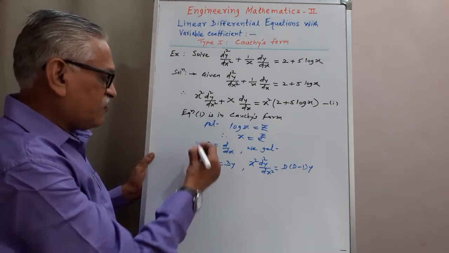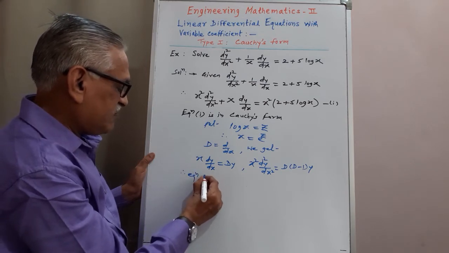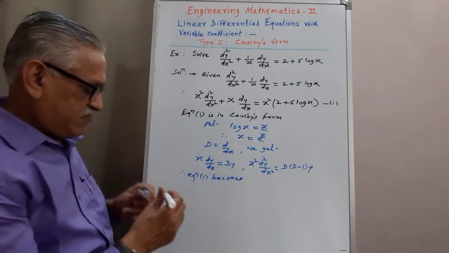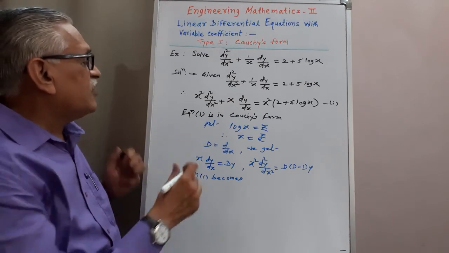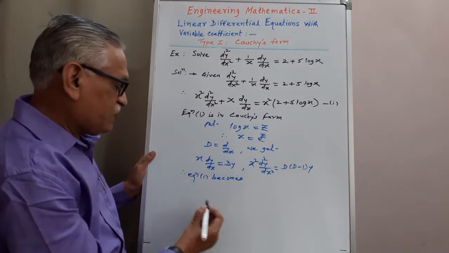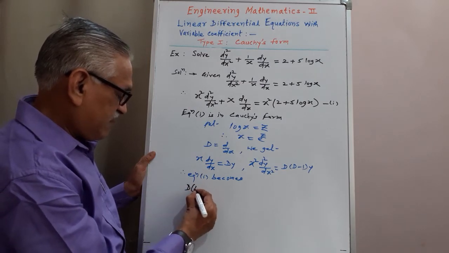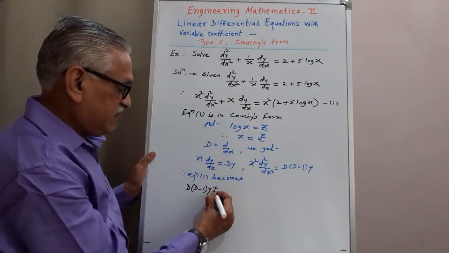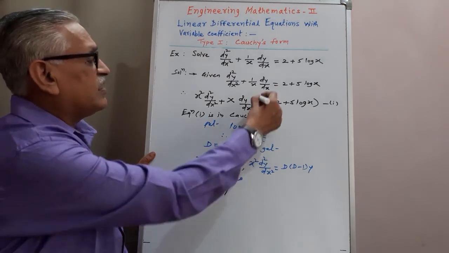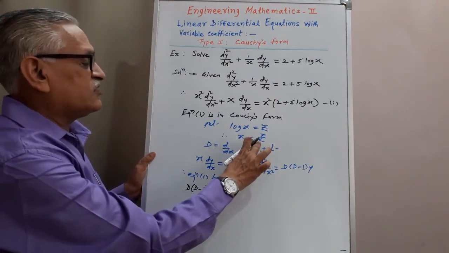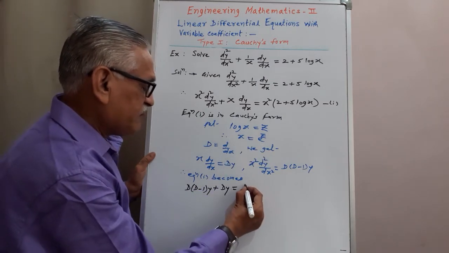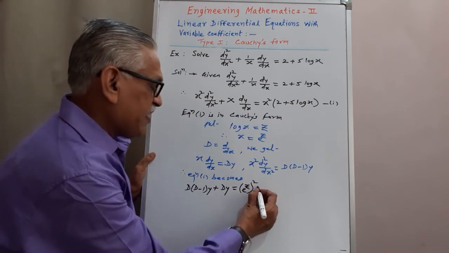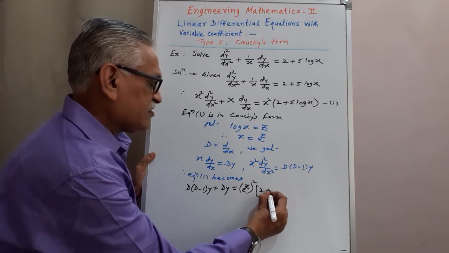Then substituting this in equation 1, x square d2y by dx square becomes D minus 1 into y, x dy by dx is Dy, and that is equal to x square, the square of e raised to z, therefore it becomes e raised to z square multiplied by 2 plus 5 log x.